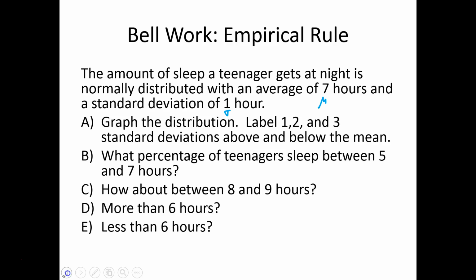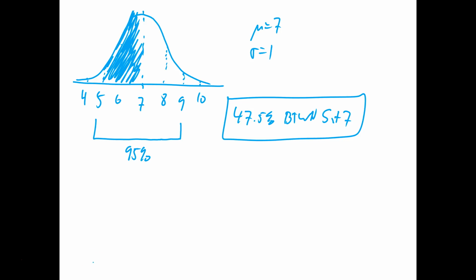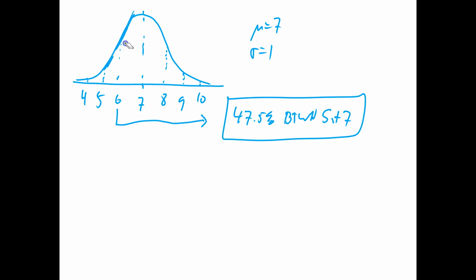Now let's see what else they want. How about more than 6 hours and then less than 6 hours? So more than 6 hours, get rid of our 95% here. That is starting at 6 and going all the way off to infinity to the right. So I'll get rid of my area from the last problem. I want to know this value between 6 and 7, and then from 7 and out, that's 50%.